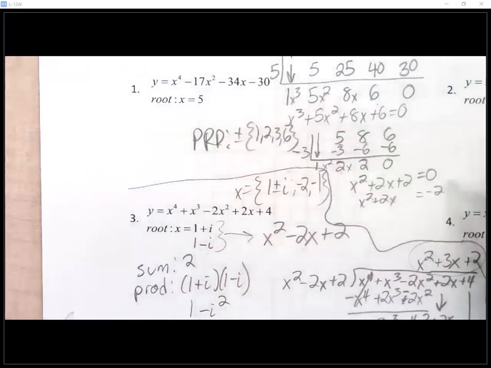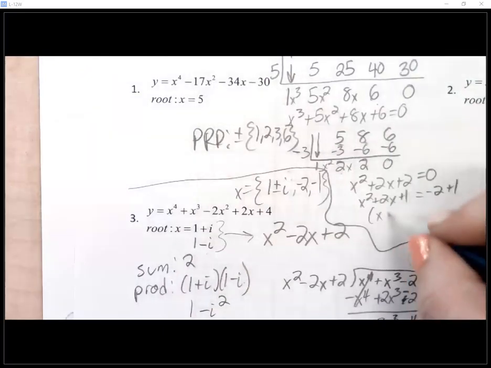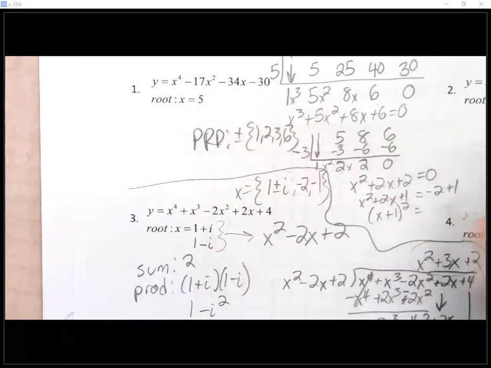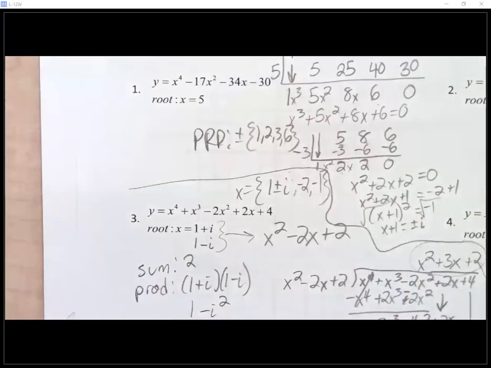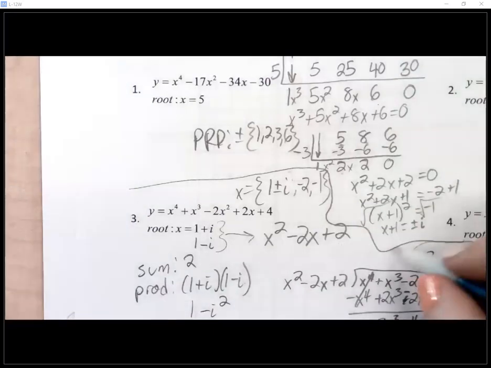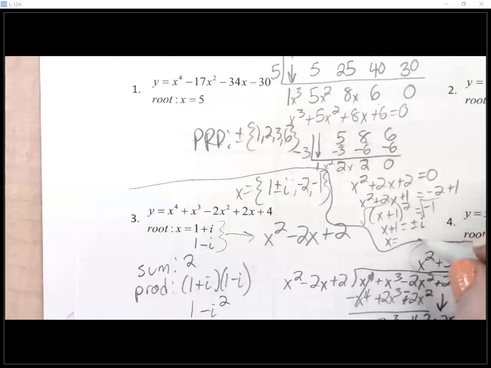I want to take half of b and square it. So my magic number is just a 1. So I've got x plus 1 squared equals -1, square root, square root. So I got x plus 1 equals positive and negative i. Don't forget positive, negative. And I just got to subtract the 1 over. So my other two answers besides 5 and -3 are going to be -1 plus and minus i.